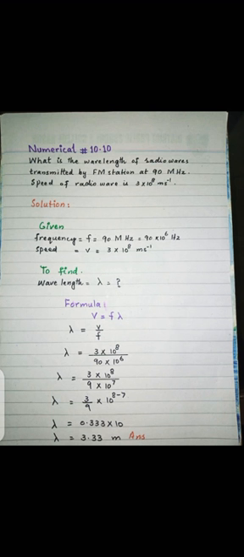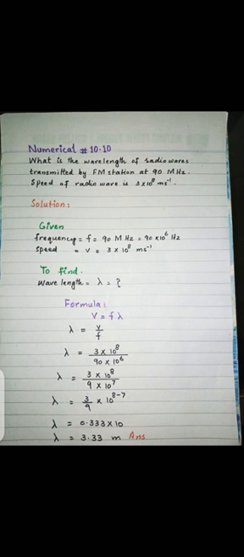Speed of the radio waves is 3 multiplied by 10 raised to power 8 meter per second. You know the radio waves are electromagnetic waves, and all the electromagnetic waves have the same speed which is equal to 3 multiplied by 10 raised to power 8 meter per second.